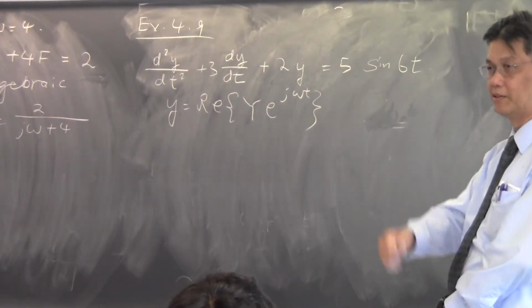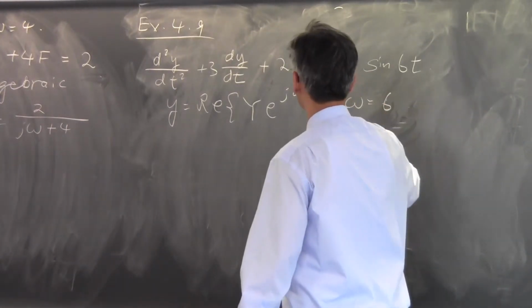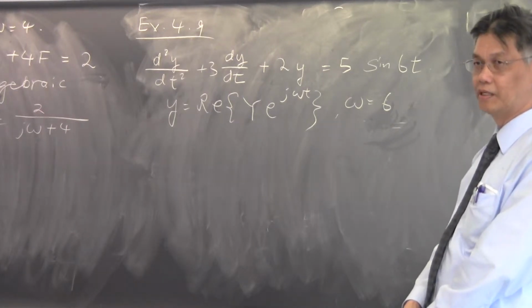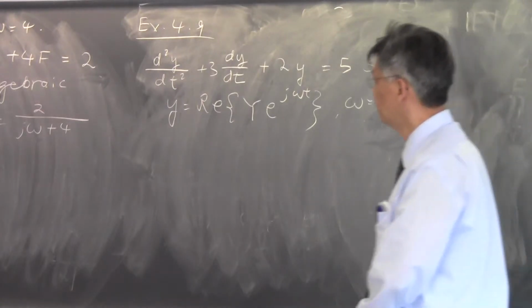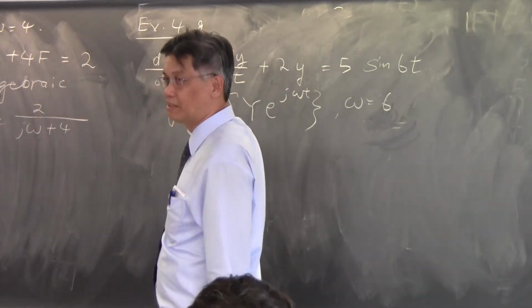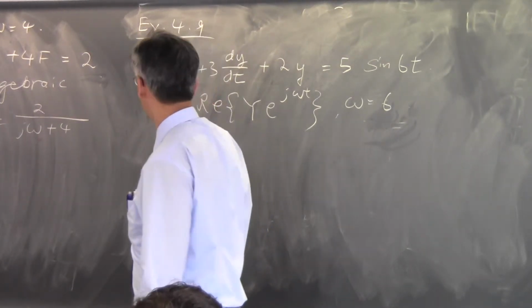First rule number 1, omega must be 6. And then that second order ODE will be converted into an algebraic equation in phasor form. You can go through the mathematics, but now you actually can do it by inspection. Second derivative introduces what? J omega squared, right?